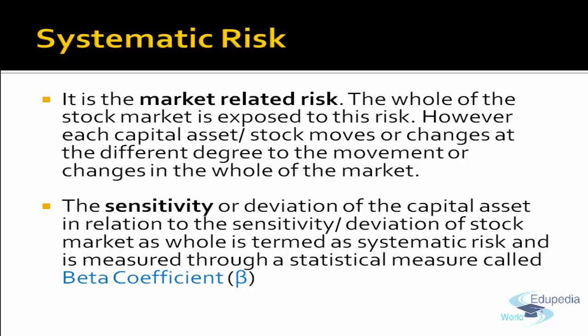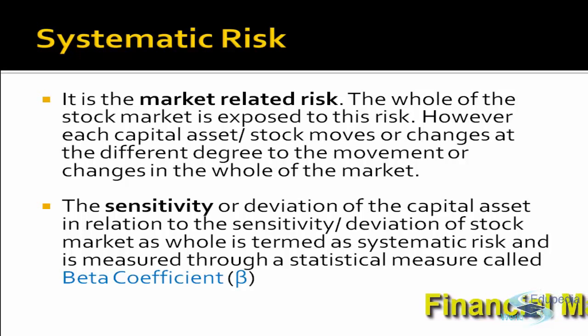So basically systematic risk evaluates the sensitivity of how much deviation there is in your own asset because of the deviation in the stock index. This is termed as systematic risk. So systematic risk is the market related risk. Getting my point?